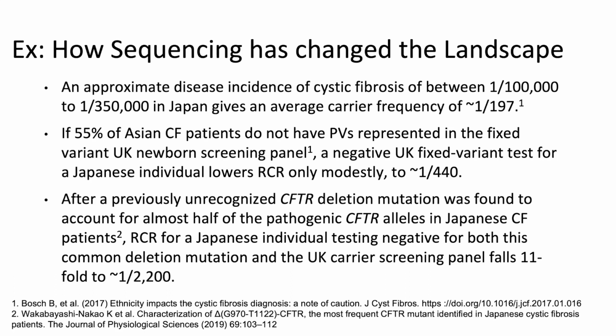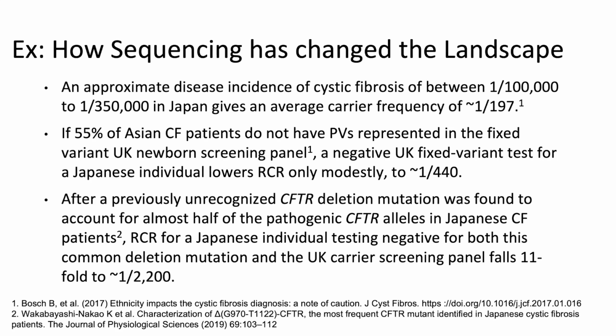Turns out that more than half of all Japanese cystic fibrosis patients, actually Asian patients, but Japanese in particular, don't have a pathogenic variant that's represented in the fixed variant United Kingdom newborn screening panel, the initial panel that was put there.